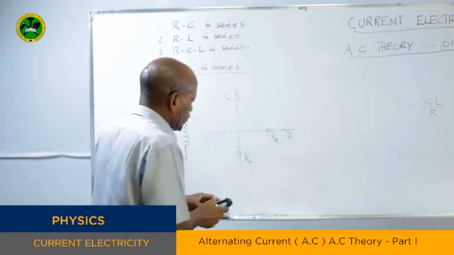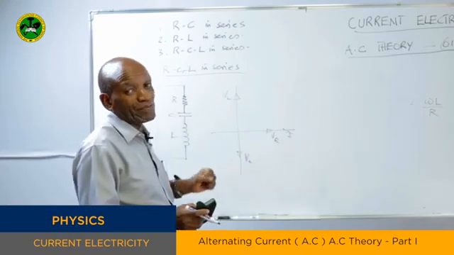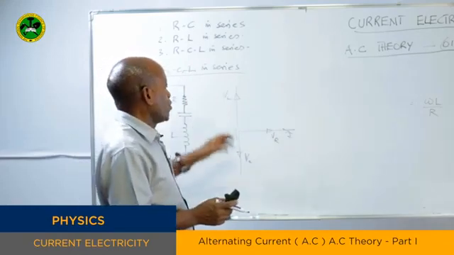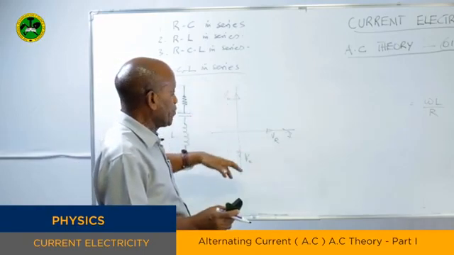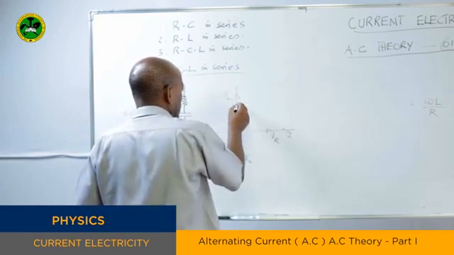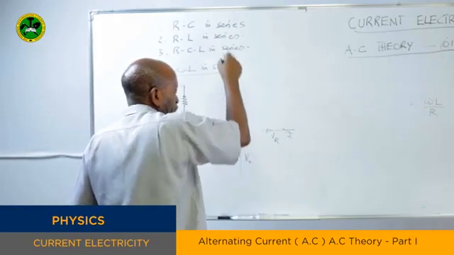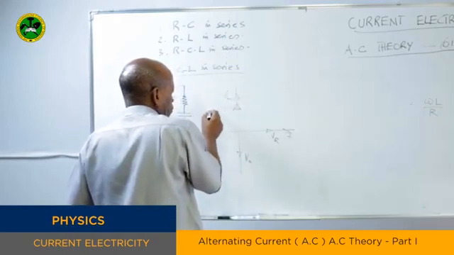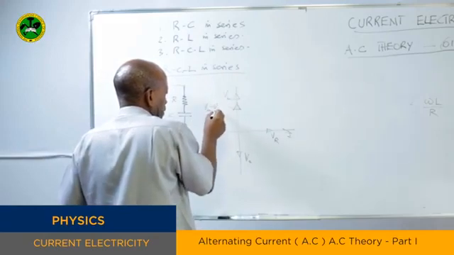And in that case, you can see that the voltage through an inductor and that through a capacitor are antiparallel. So generally, you find that the voltage through an inductor dominates, and therefore the actual resultant will be somewhere there, acting in this particular direction. So this is equal to the difference between the voltage through an inductor minus the voltage through a capacitor.